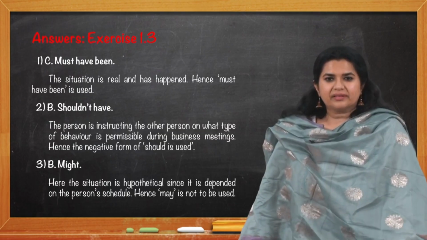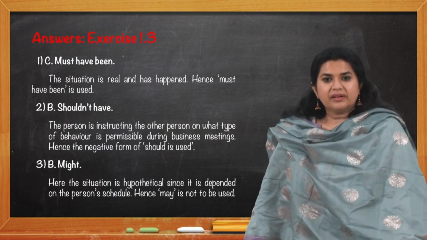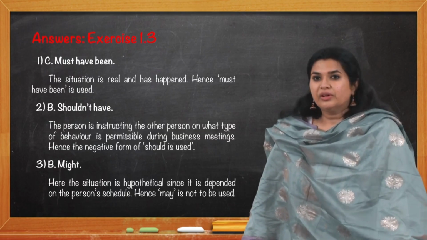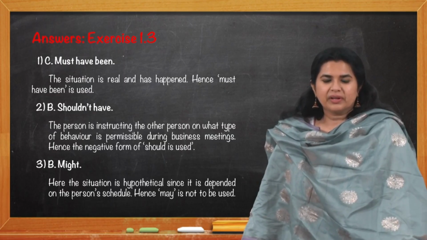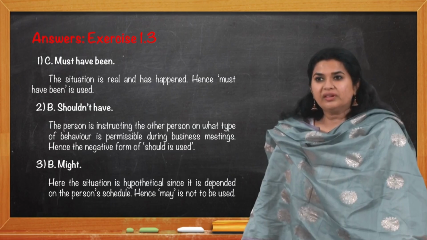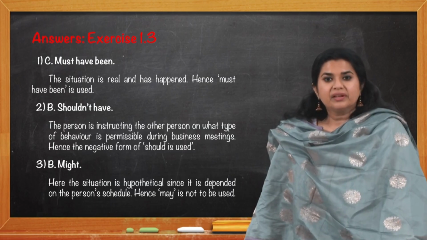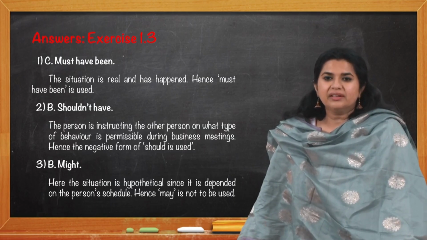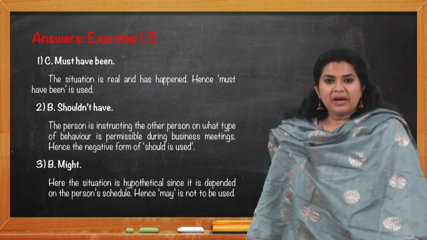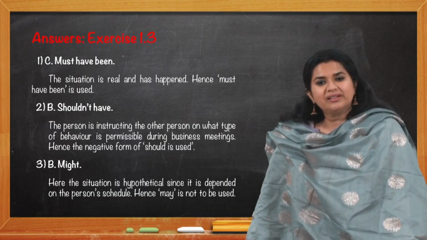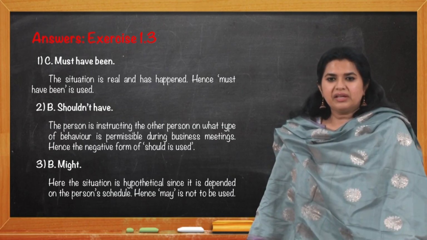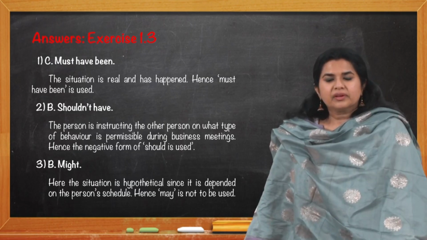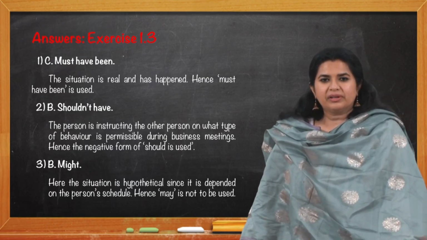And here are the answers. First, C, must have been. The situation is real and has happened. So, you must have been very excited on meeting David Beckham. Second, B, shouldn't have. You shouldn't have insulted the person. It is instructing the other person on what type of behavior is permissible. And third, B, might. Here the situation is hypothetical, hence dependent on the person's schedule, hence may is not really applicable.